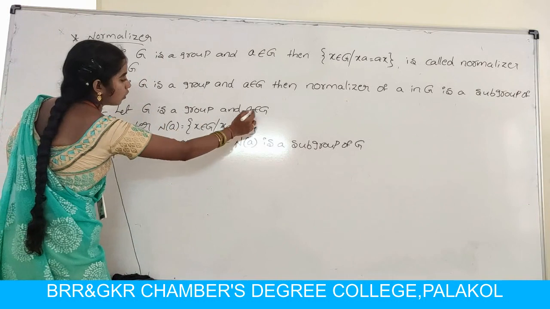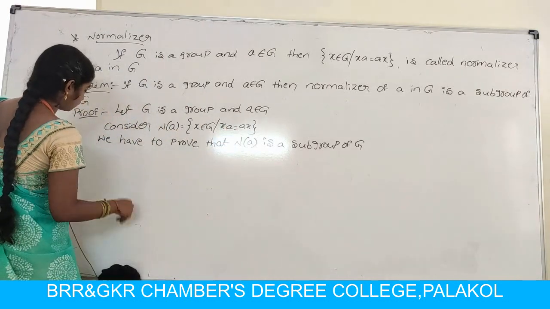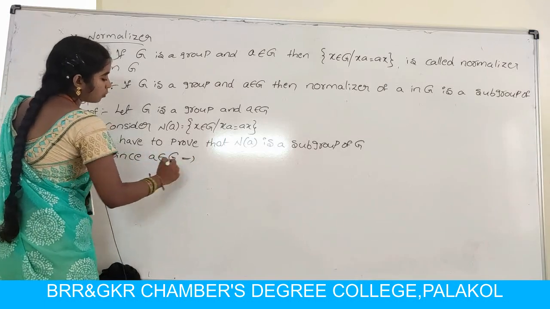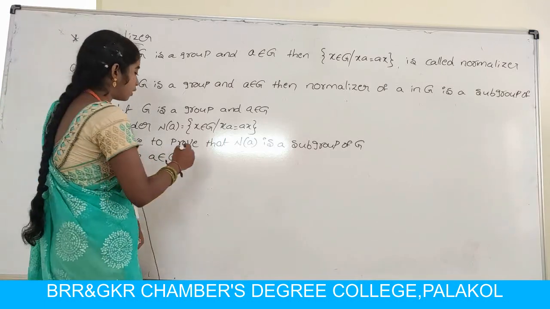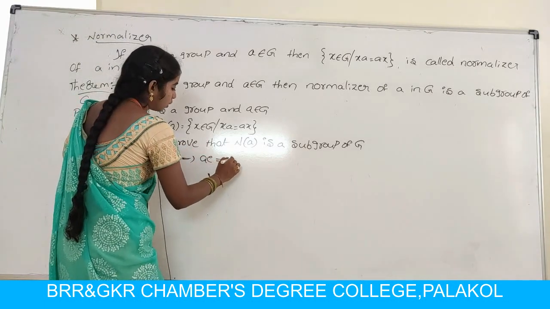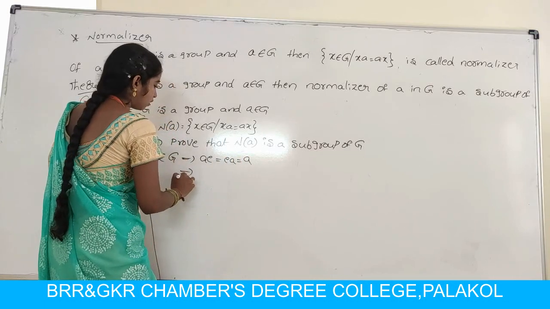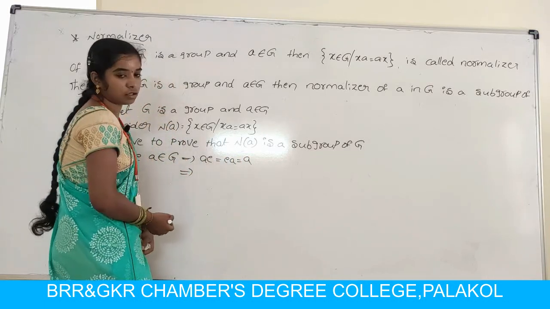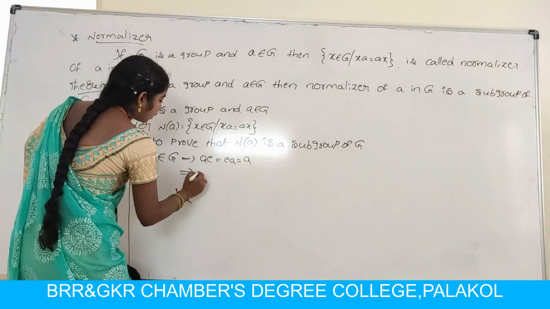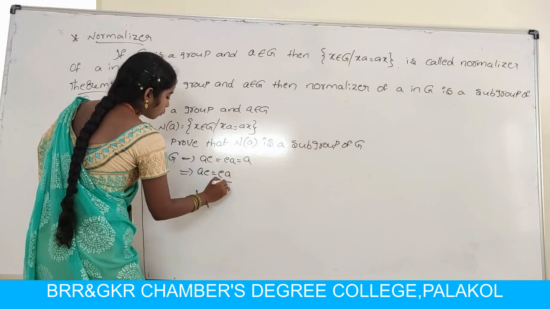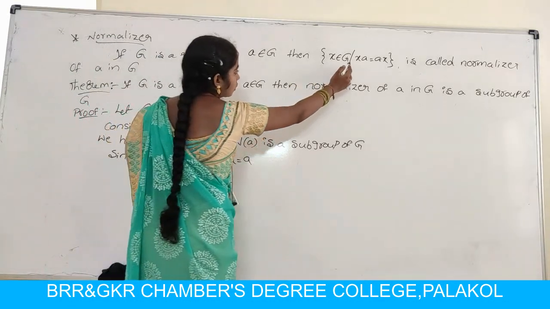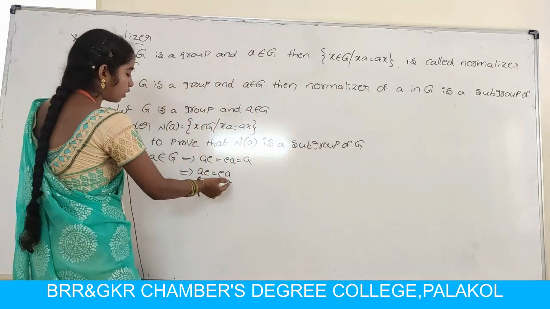Since A belongs to Z, by the existence of identity property, A into E equals E into A equals A. So A E equals E A. By the same definition, xa equals ax, so AE equals EA.